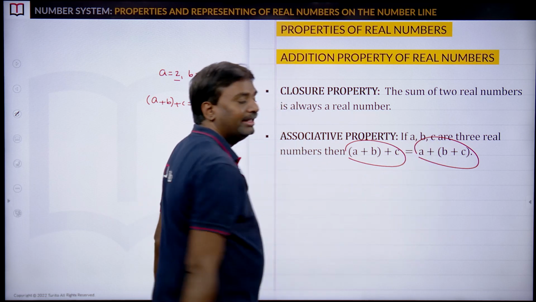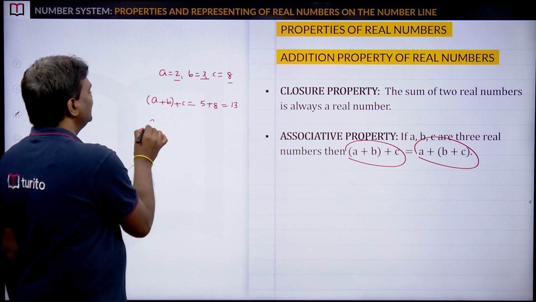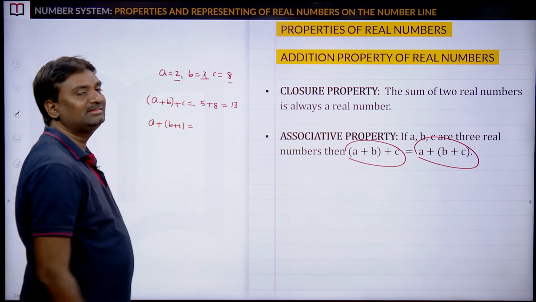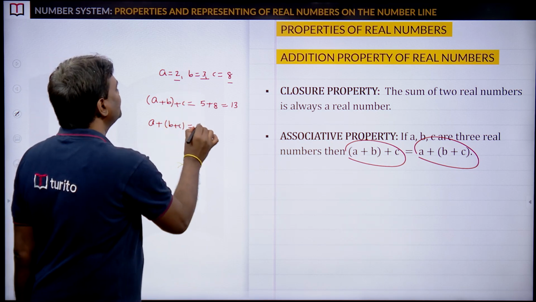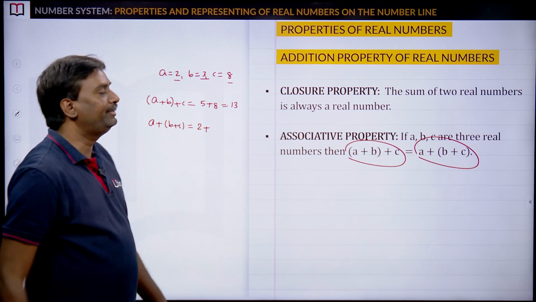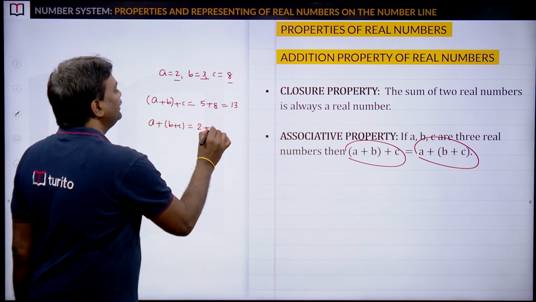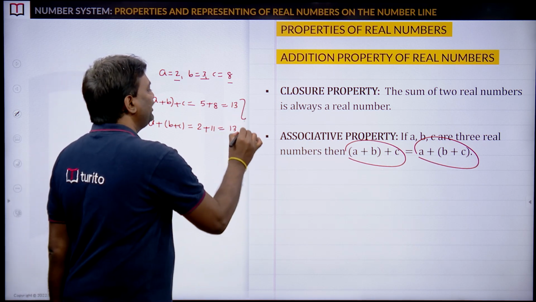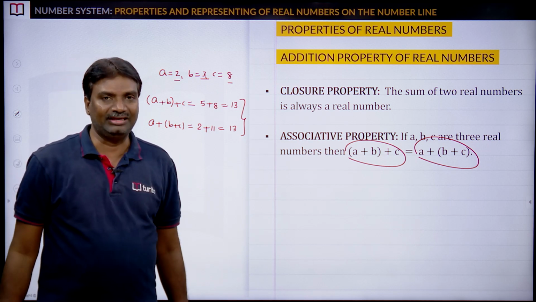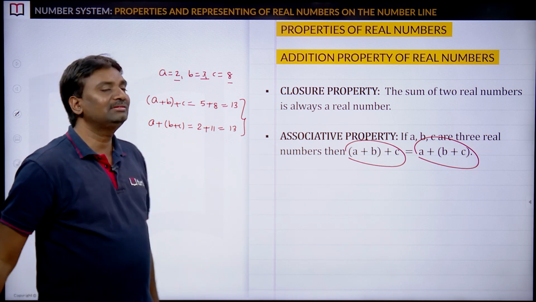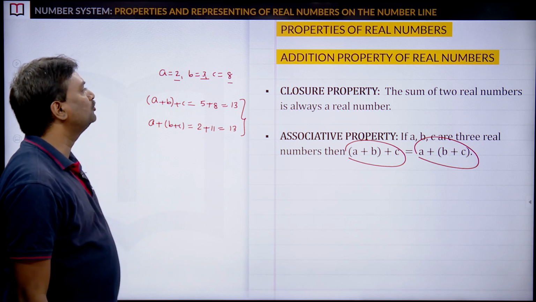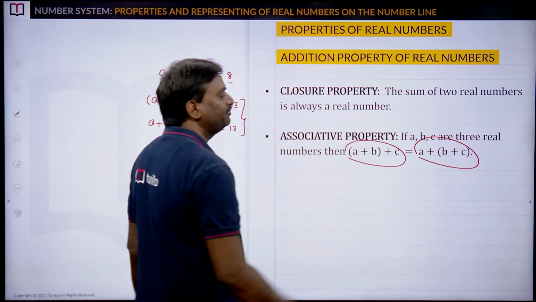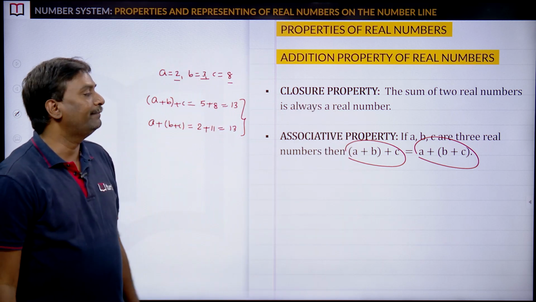Next, the RHS, A plus (B plus C), equals 2 plus (B plus C), 3 plus 8, 11. By adding these two, we got 13. By observing, we can say these two are the same. So, for the three real numbers A equal to 2, B equal to 3, C equal to 8, we got (A plus B) plus C equal to A plus (B plus C).